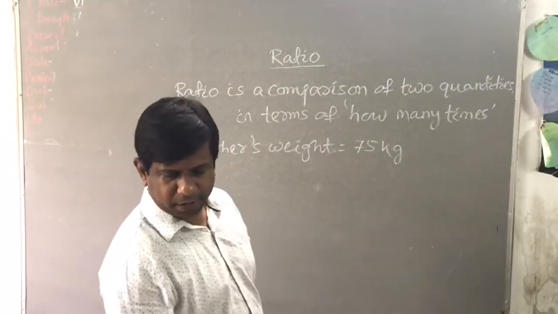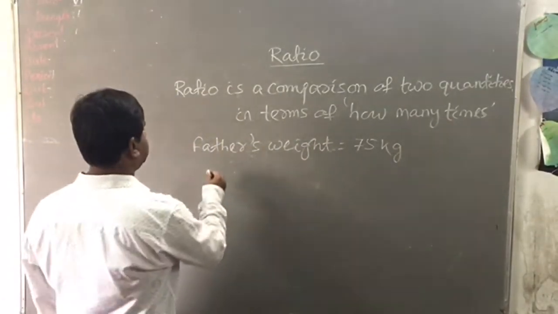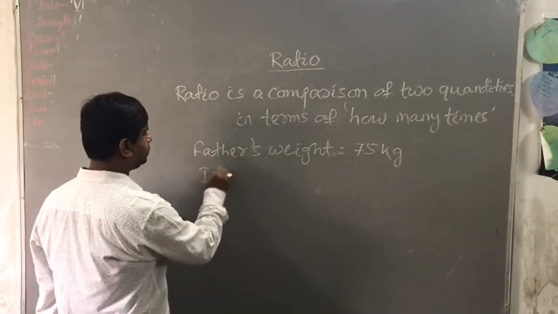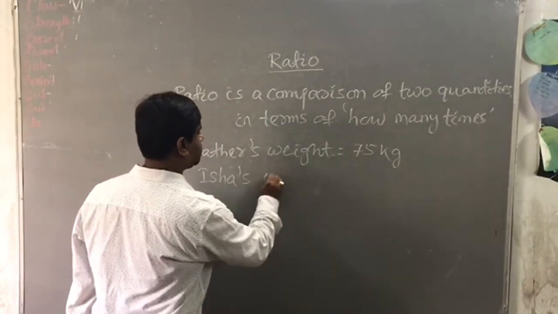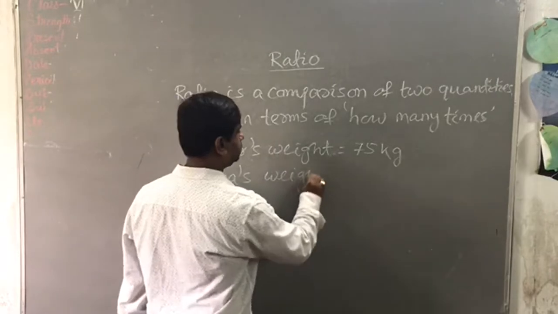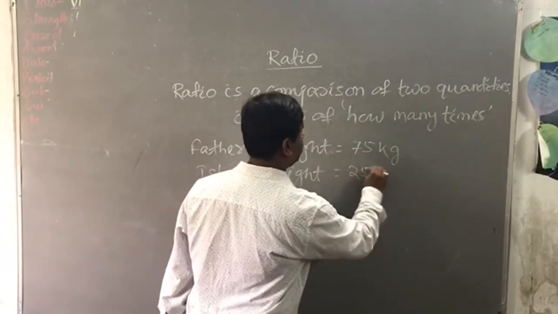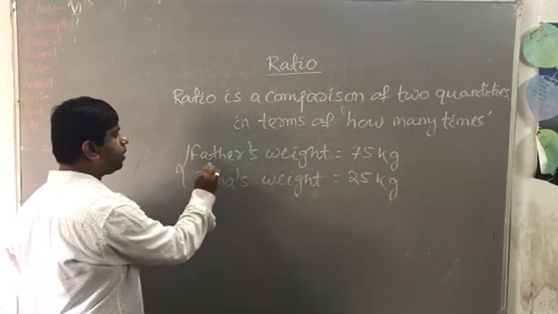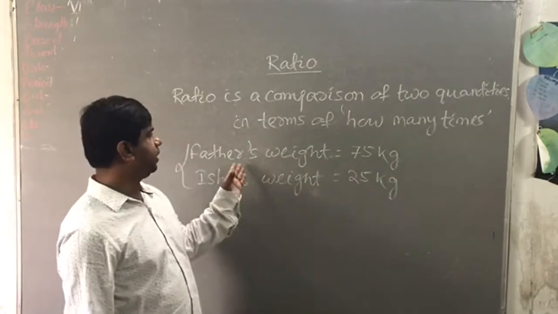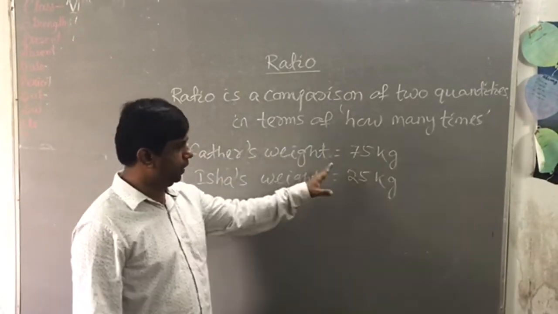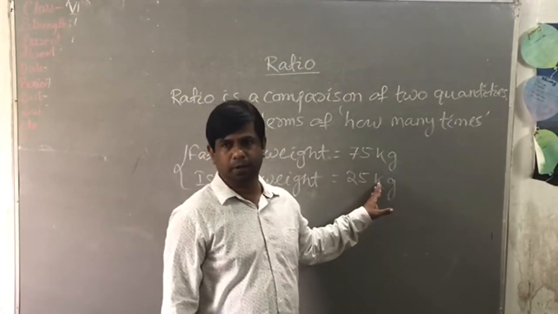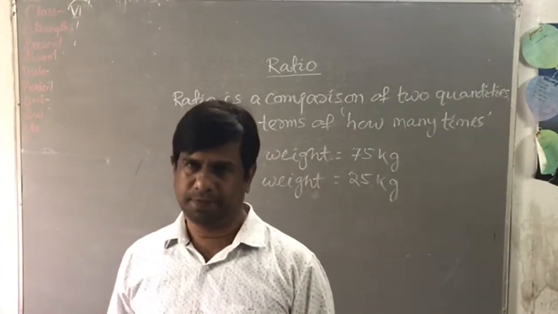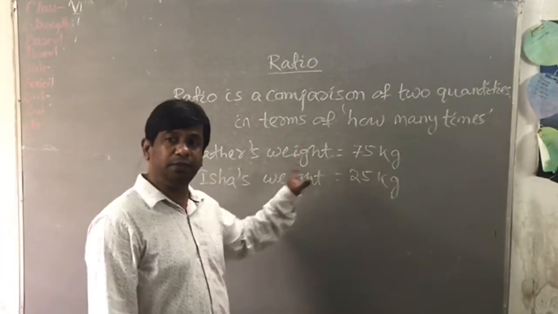Suppose one child, Isha's weight, is 25 kilogram. How can you compare their weight? You can say that father's weight is 50 kilogram more than the weight of Isha. This is called the difference method.